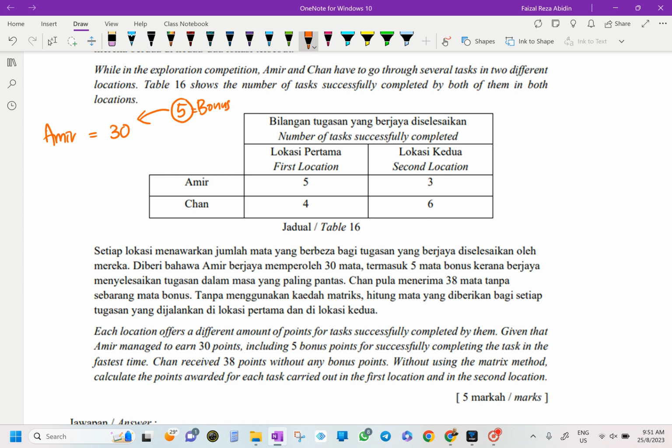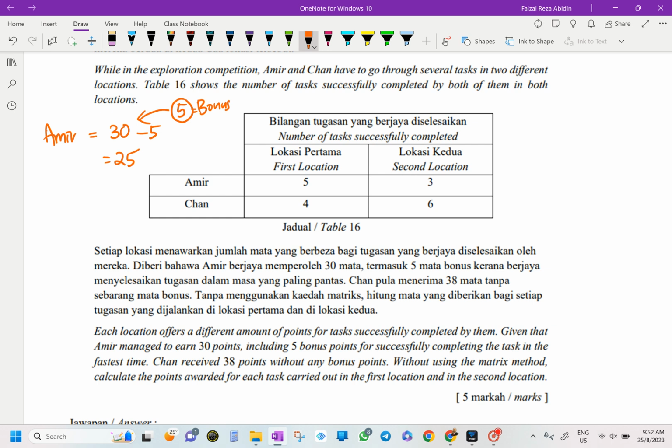So Amir's mark is not 30. Amir's mark is going to be 30 minus 5, which gives 25. That is his actual mark. Many of you stated either Amir equals 30 marks or Amir equals 35.